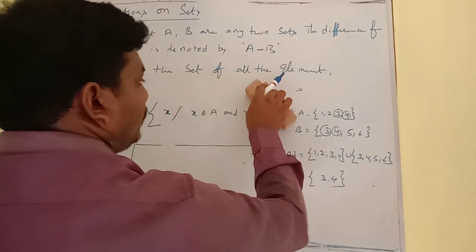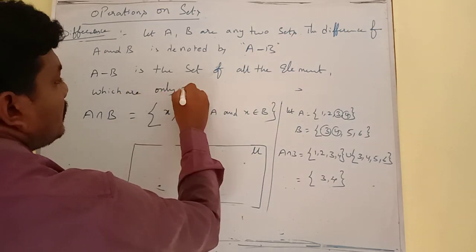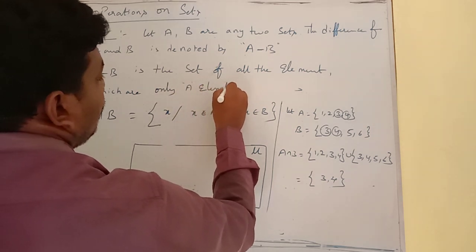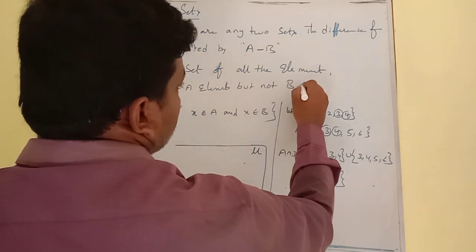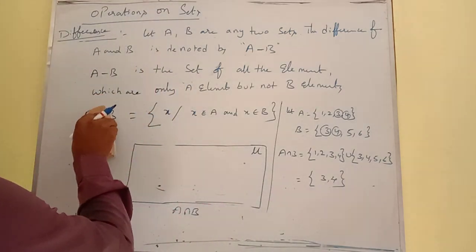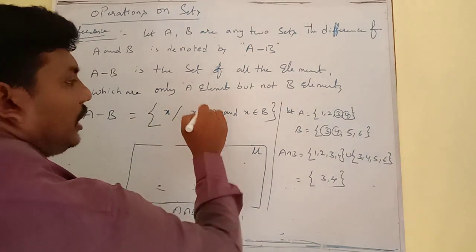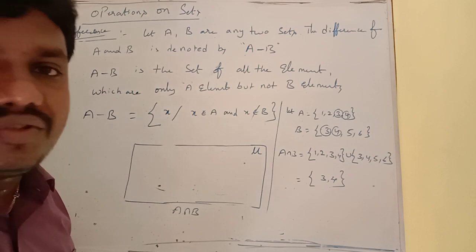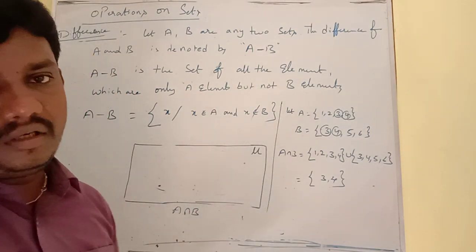Only A elements, but not B elements. A minus B is X such that X belongs to A and X does not belong to B. Only A elements we should consider, but not B elements.